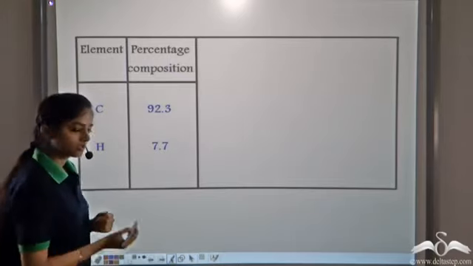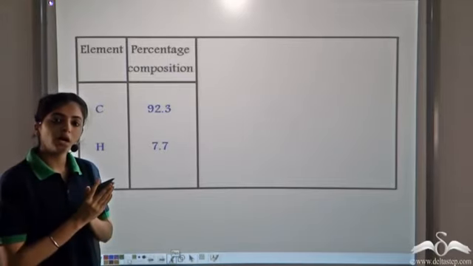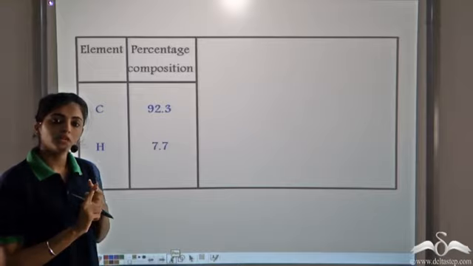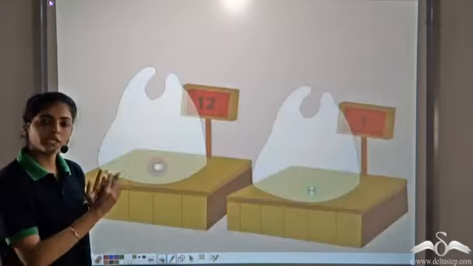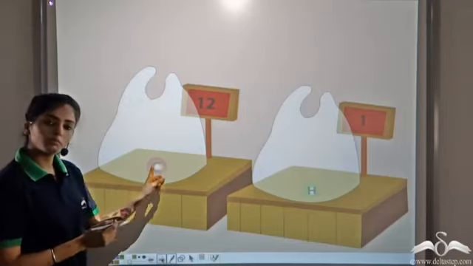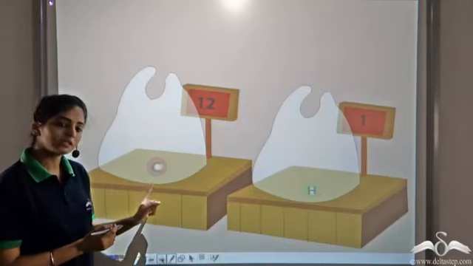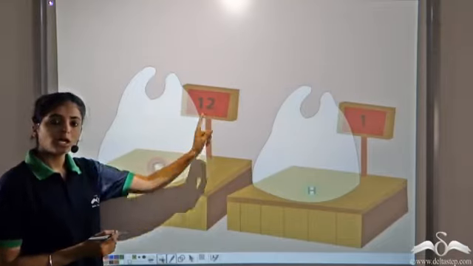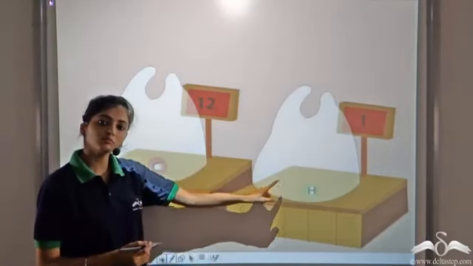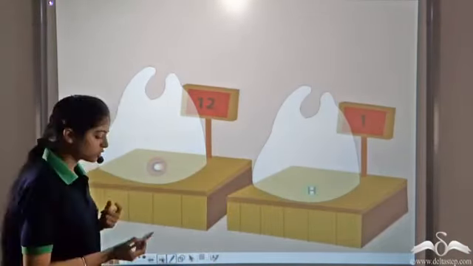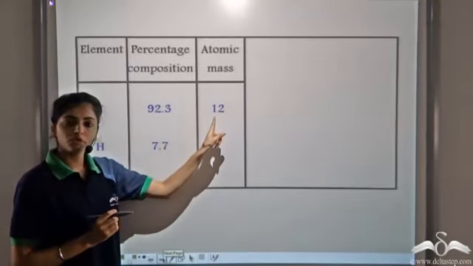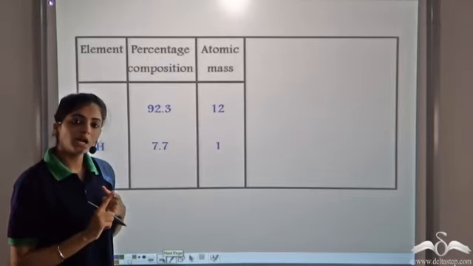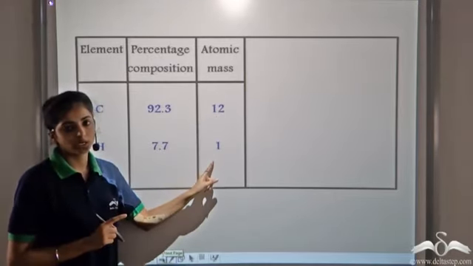Now, we have to find out the mass of each carbon and each hydrogen atom. We know that the atomic mass of one carbon atom is 12 and that of one hydrogen atom is 1.